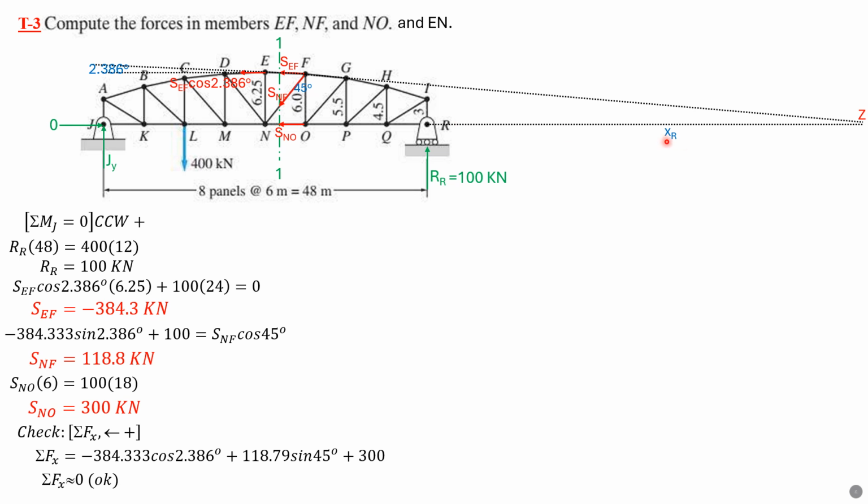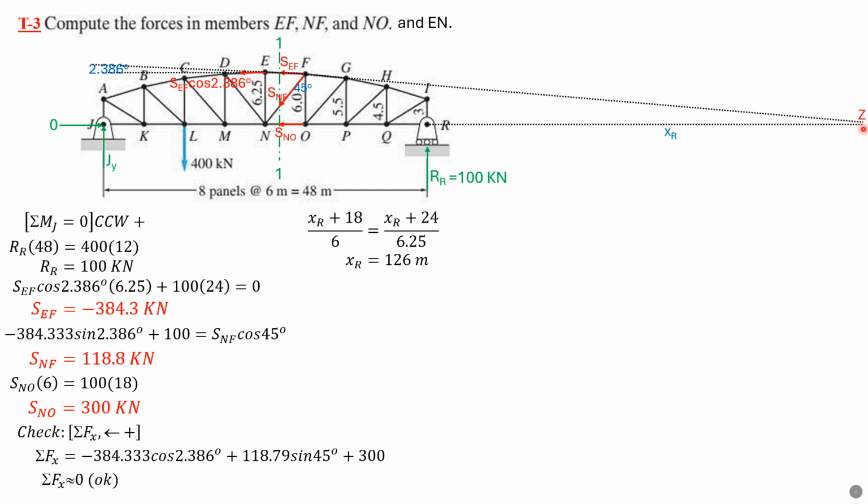By similar triangles, XR plus 18 over 6 equals XR plus 24 over 6.25. Solving for XR, XR is 126 meters.